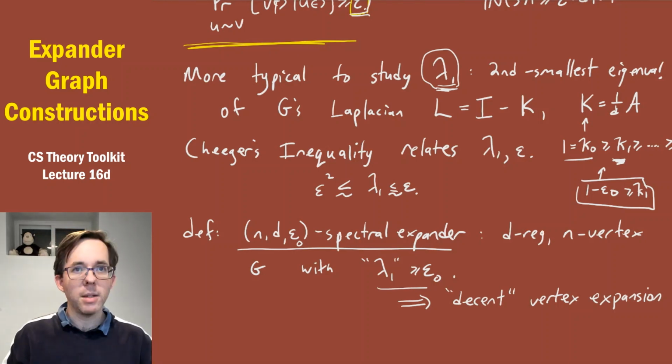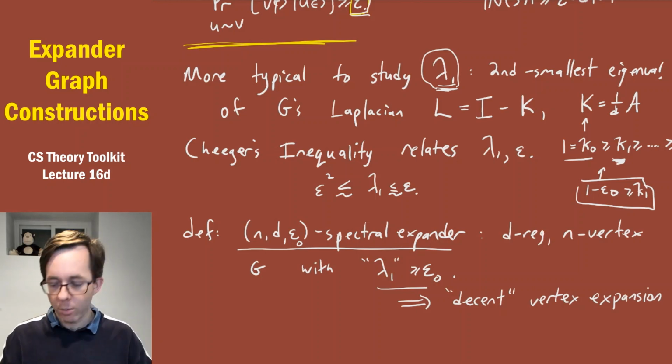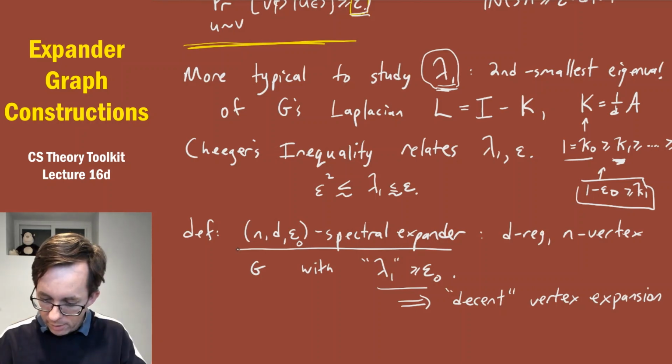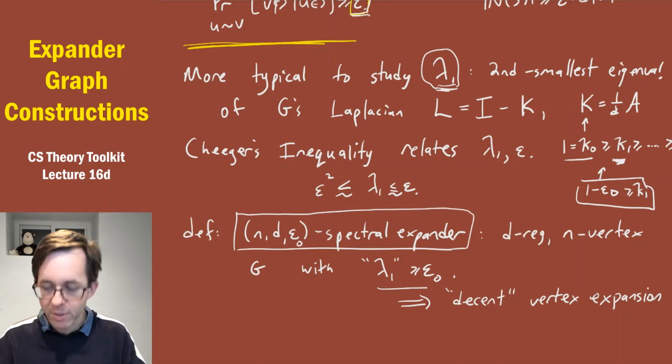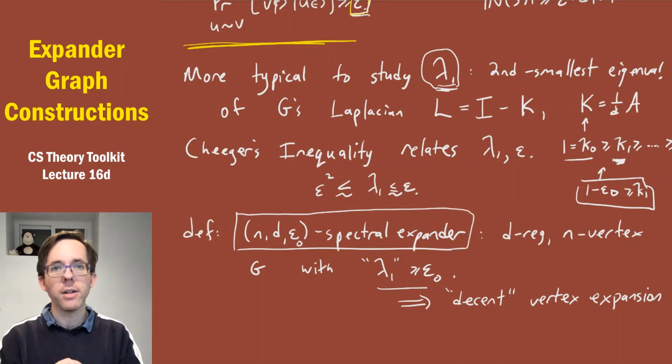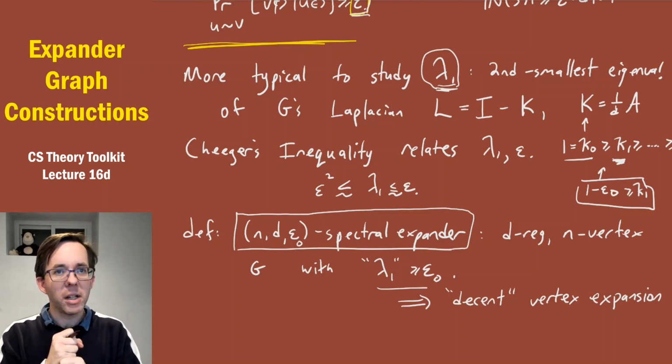Okay, that was a little bit messy, but let me now say we're just focused on constructing explicit n-vertex graphs that are (n, d, epsilon 0) or epsilon spectral expanders. As I mentioned before, what we really want to do is fix some d, a really fixed constant like 3 or 4 or 8 or 50.